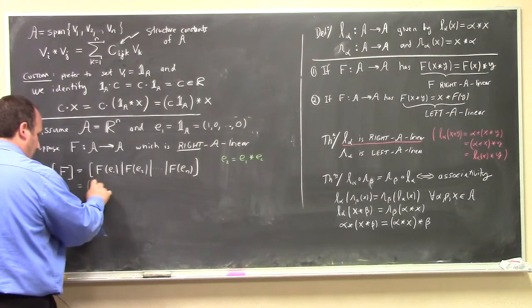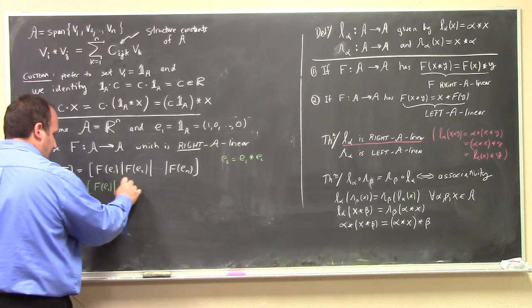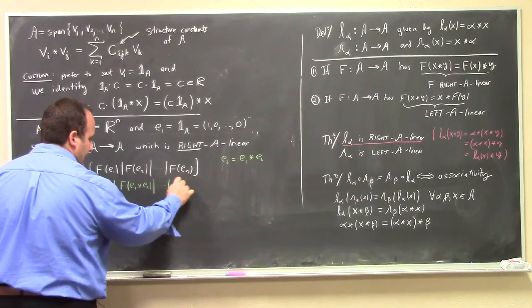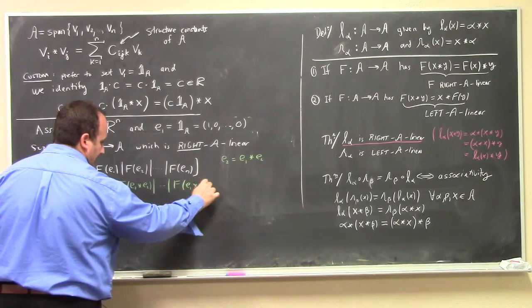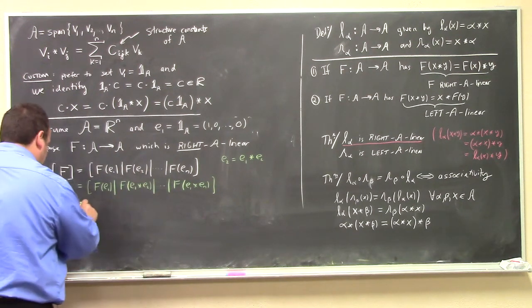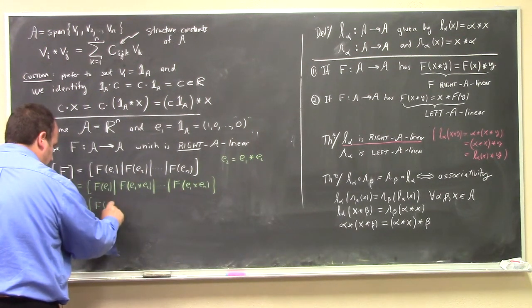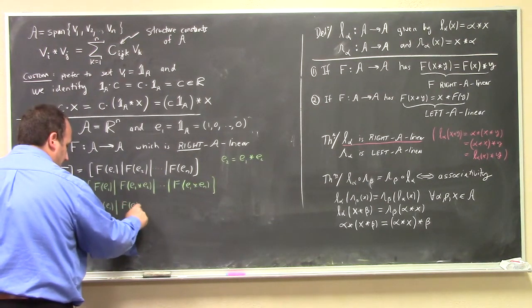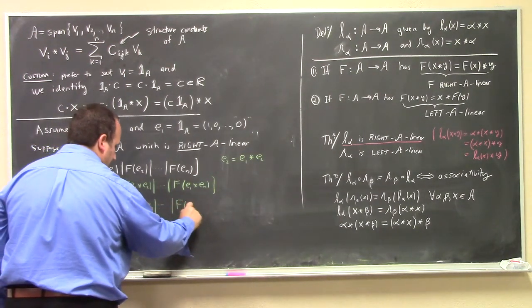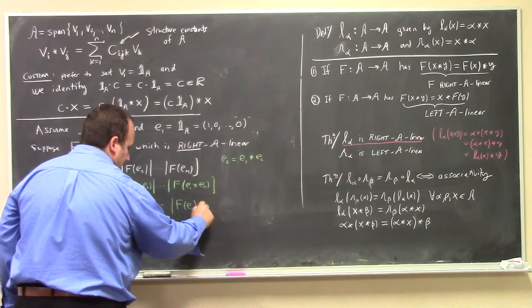We've got F of e_1, F of e_1 times e_2, ..., F of e_1 times e_n. But we're assuming that the mapping is right A-linear, so that means I can rewrite this as F of e_1, F of e_1 times e_2, ..., F of e_1 times e_n.